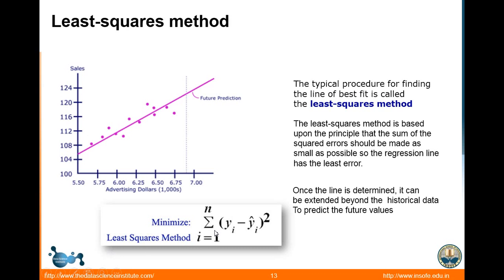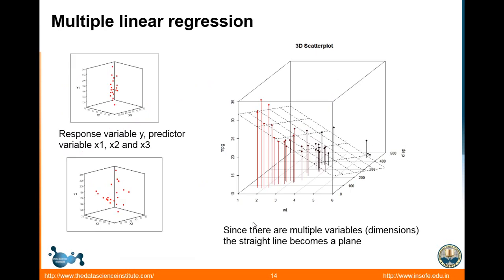What we mean here is the sum of the error squares. We know that yi minus yi hat is error, and the sigma notation here stands for sum, and we are trying to minimize this sum. Once the line is determined, it can be extended beyond the historical data to predict the future values.